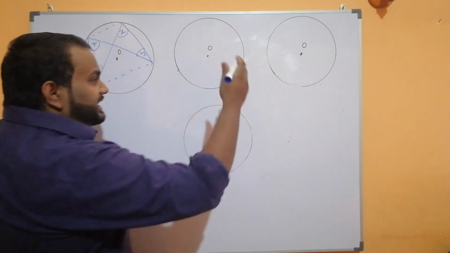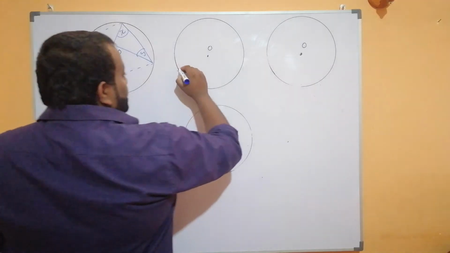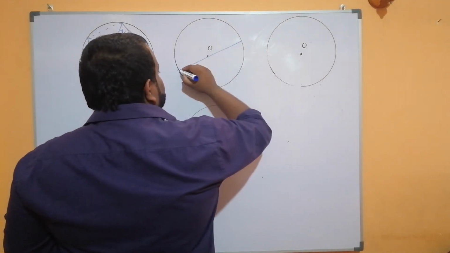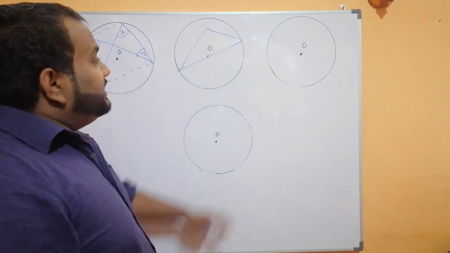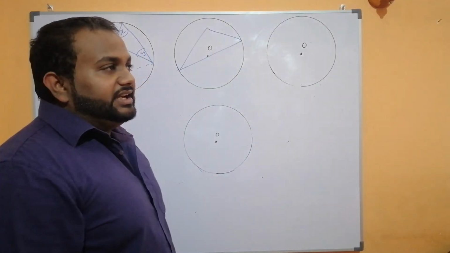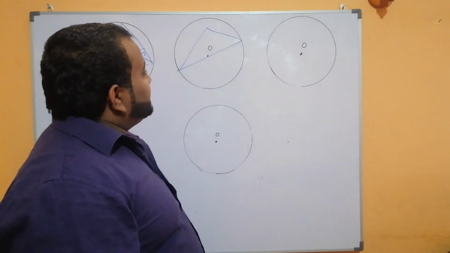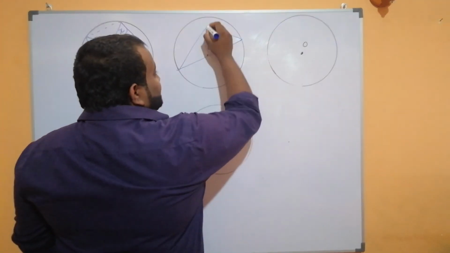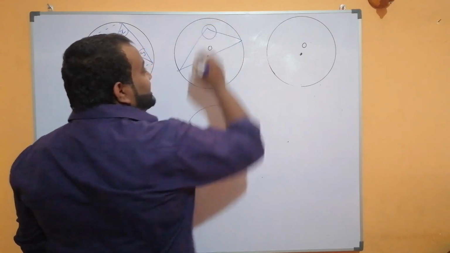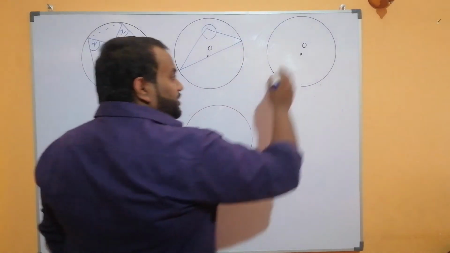Another small mistake that you all make is when there is a triangle drawn as such, this does not fall under angle at the semicircle is 90 degrees. No, because this does not touch the circumference.